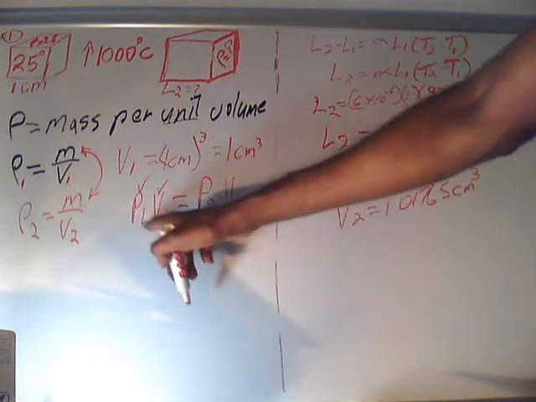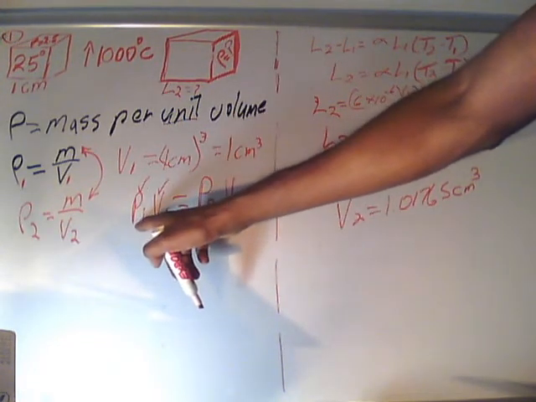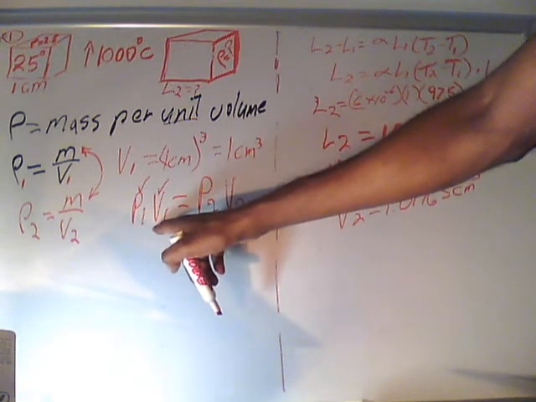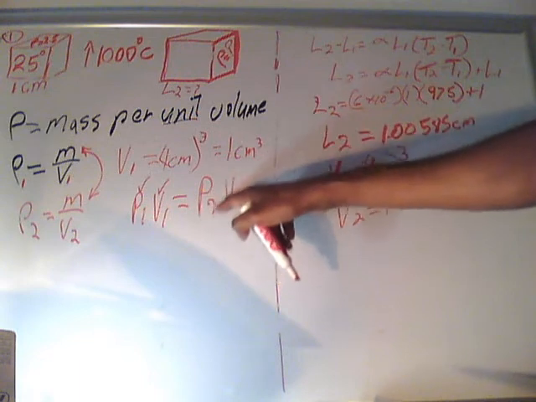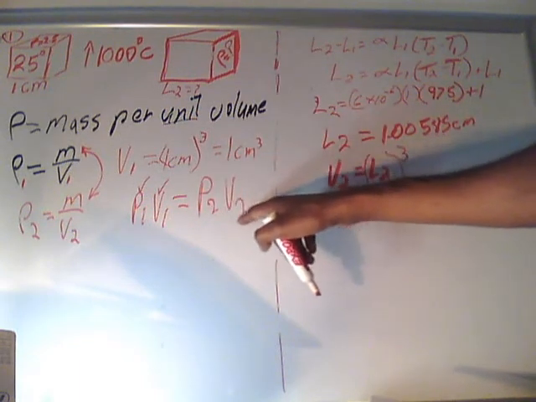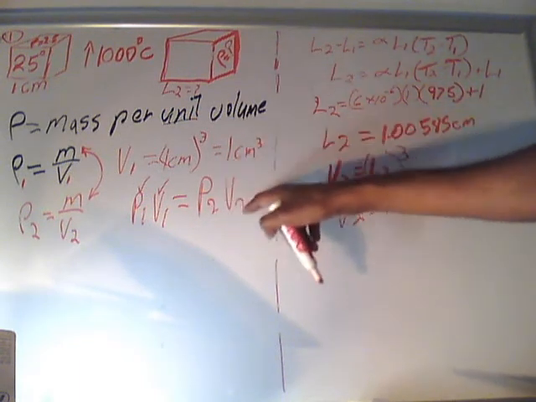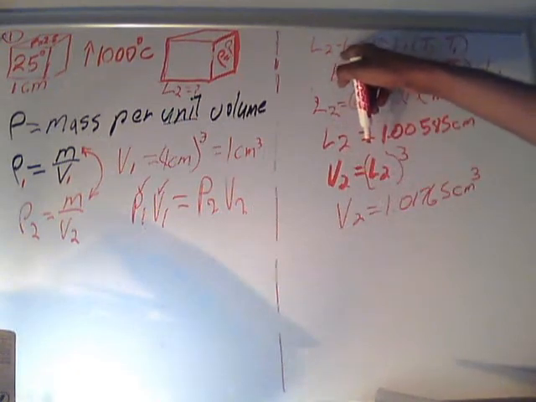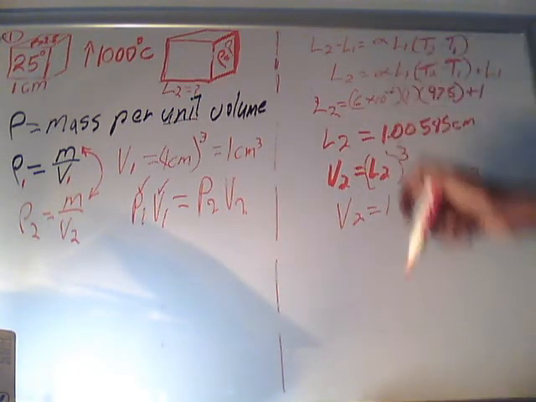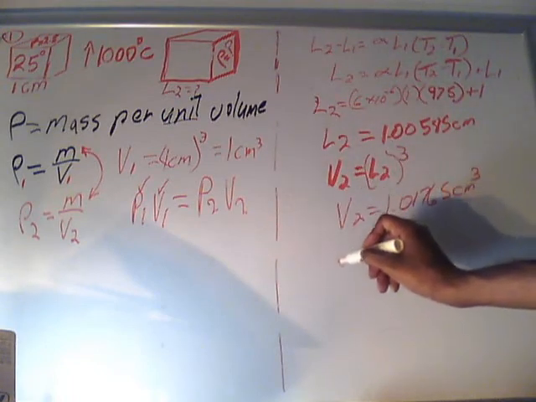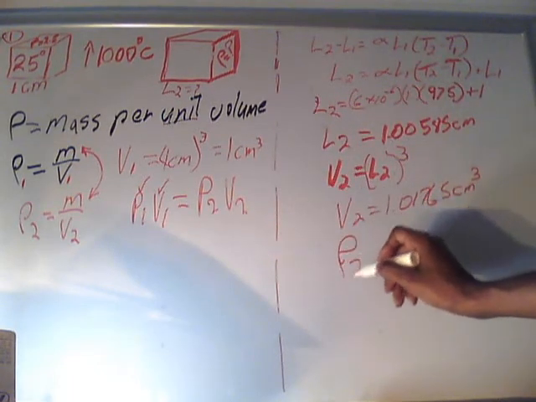So going back, rho 1 was given, volume 1 we got from our assumption, and that is equal to rho 2, which we're trying to find, times the volume at 2, which we just found based on the relationship between change in temperature and the coefficient of thermal expansion. So we've got everything to solve for rho 2 now.